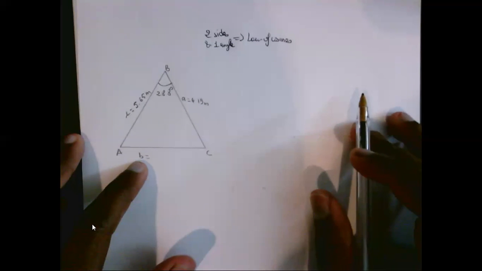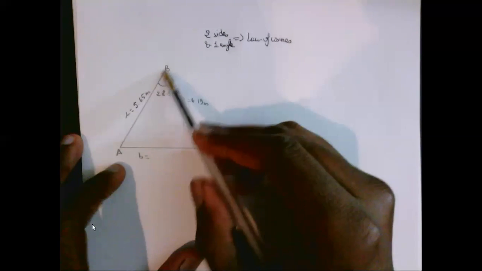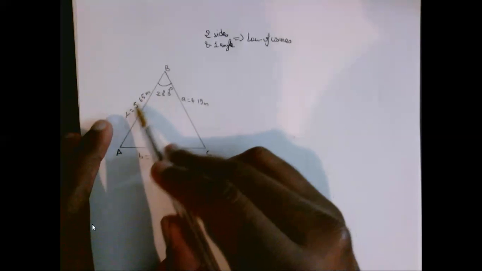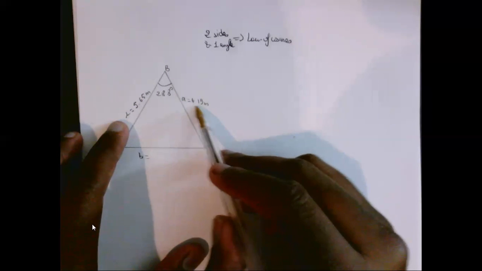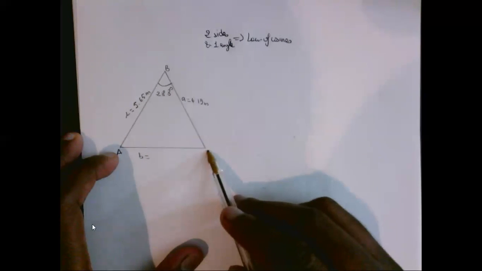So based on the law of cosine, this side square plus that side square minus 2 times this side times that side multiplied by the cosine of that angle should give you this side square.